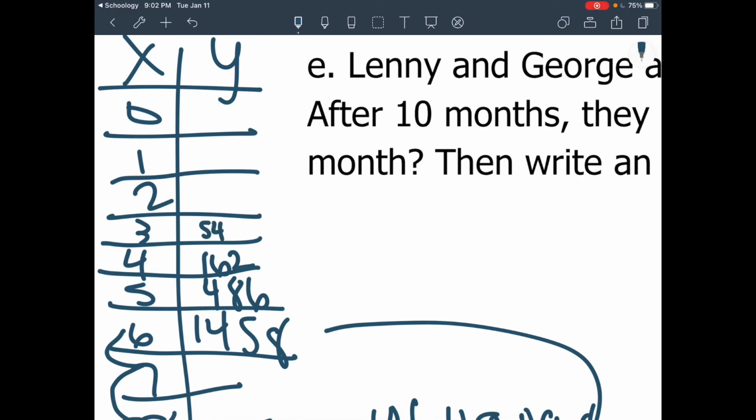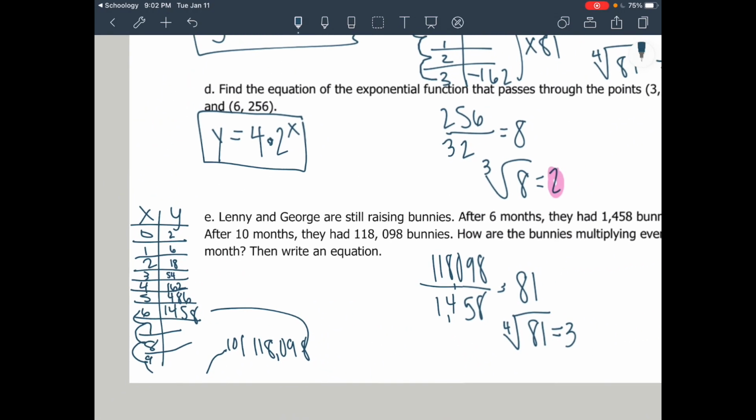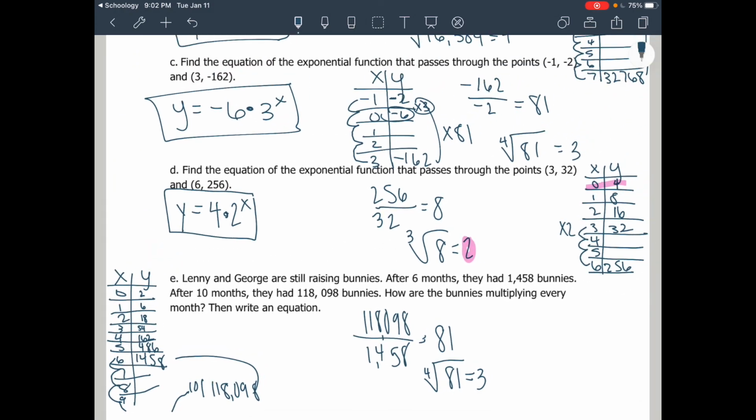Divide by 3 again, 18. Divide by 3 again, 6. And then divide by 3 again is 2. So they started with 2 bunnies, and it multiplied by 3 each month. So the equation would be y equals 2 times 3 to the x power. All right, hope you have time for your homework.